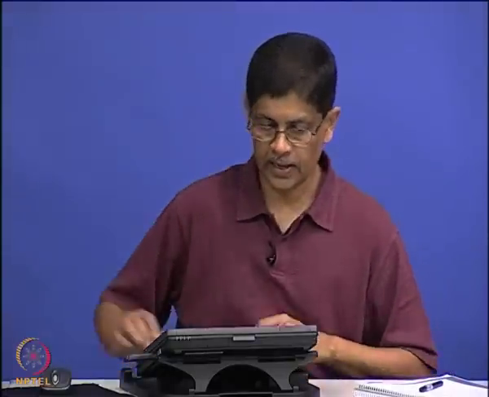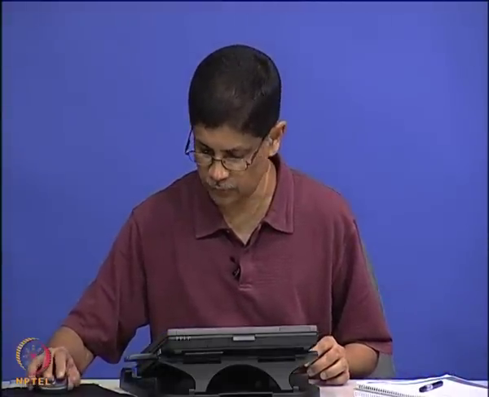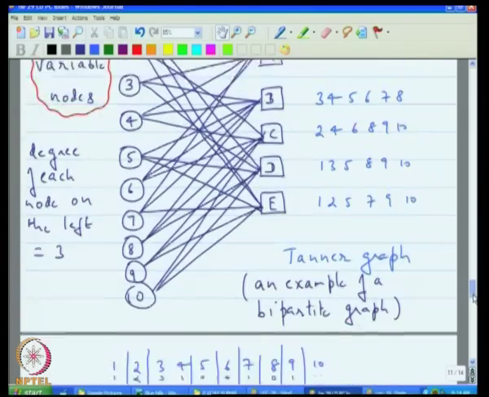Okay? Not always, but for most instances. So this class of code is fast becoming what people call the ubiquitous error correcting code. That is a code to be used in all situations. They are becoming very, very popular and likely to be widely in use because of the ease of decoding.